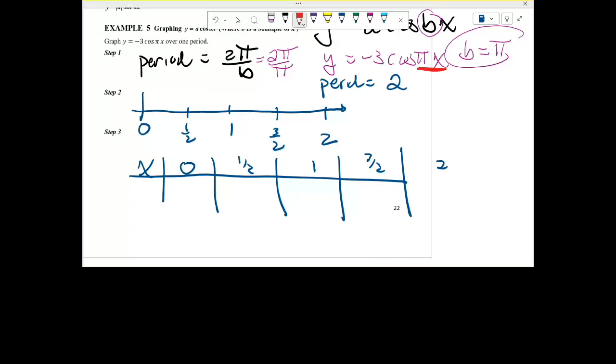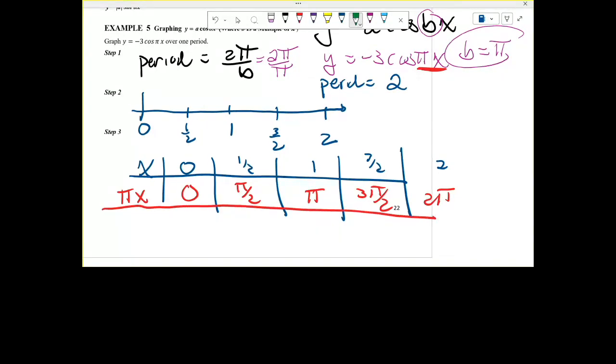See how we have that pi x? I'm going to put a pi x right here. My pi x is just going to be the traditional values where we evaluate our trig functions. The third line in my table is going to be cosine of pi x.